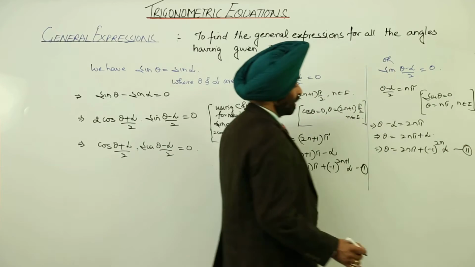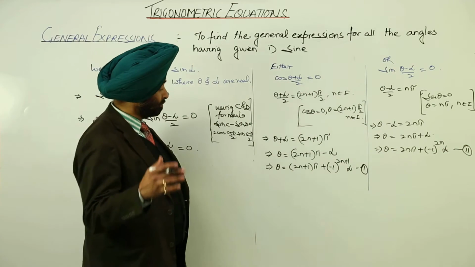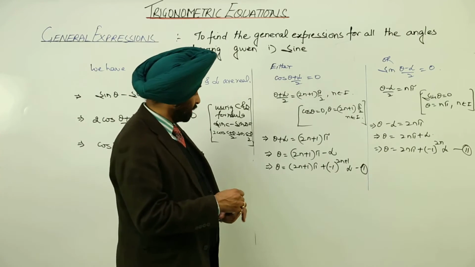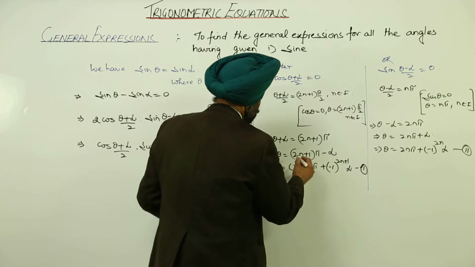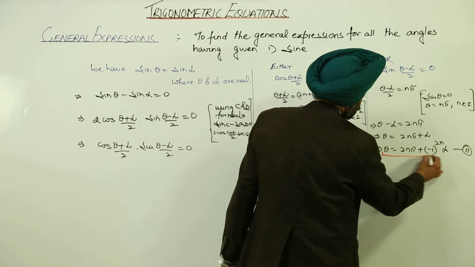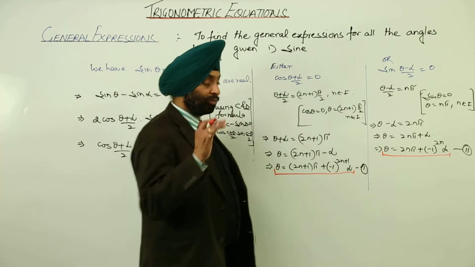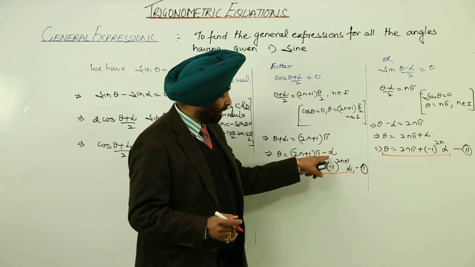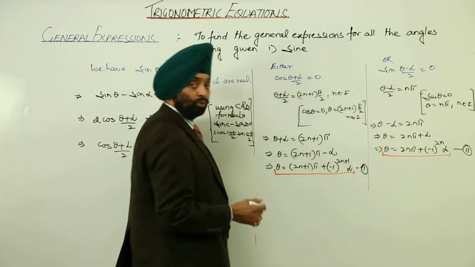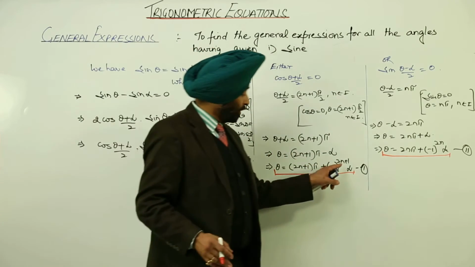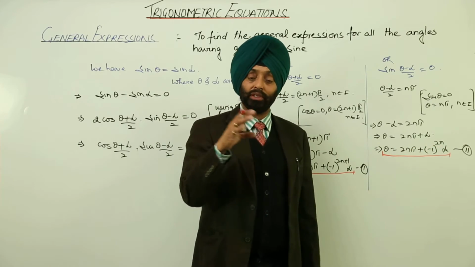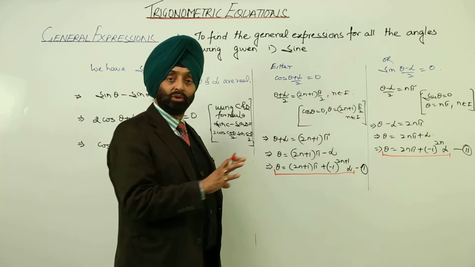Now there can be a question: sir, why have you changed the terms into this format, number 1 and number 2? Just look here. Here we have negative of alpha, with minus 1 raised to power 2n plus 1. 2n shows even numbers and 2n plus 1 shows odd numbers.